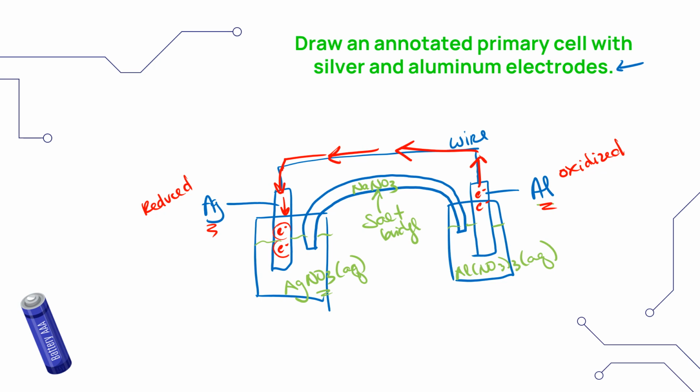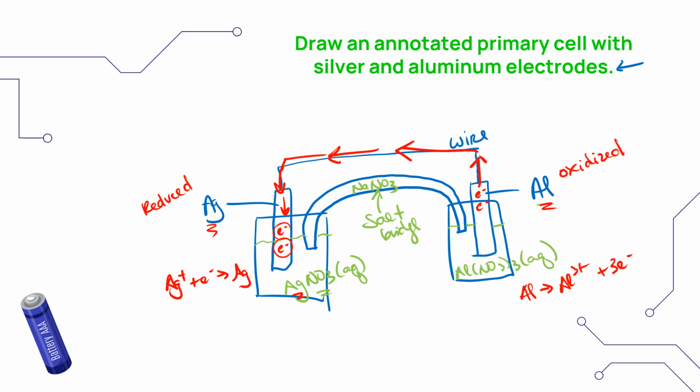When those electrons get here, our silver is going to gain those electrons. So we're going to go from silver ion to silver metal. Over here, we're going to go from aluminum solid to aluminum ion, and lots of electrons.